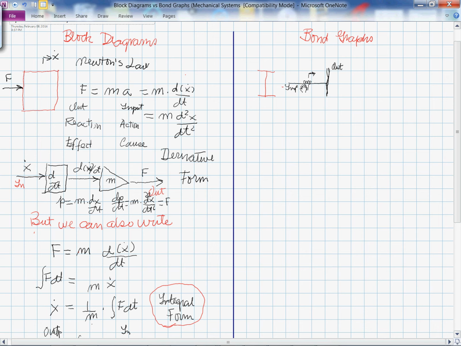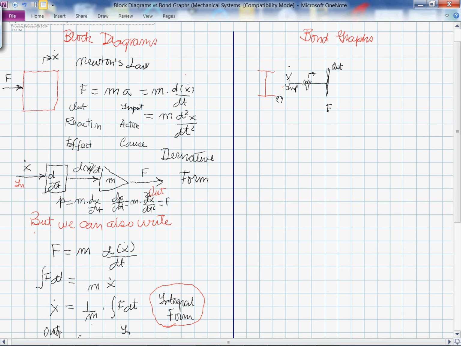Just imagine holding it in there, and if you push it to the right, then obviously something comes out of the I element into the rest of the connections. So this in here means that this is your F, the output, and this is the input, which is X dot.